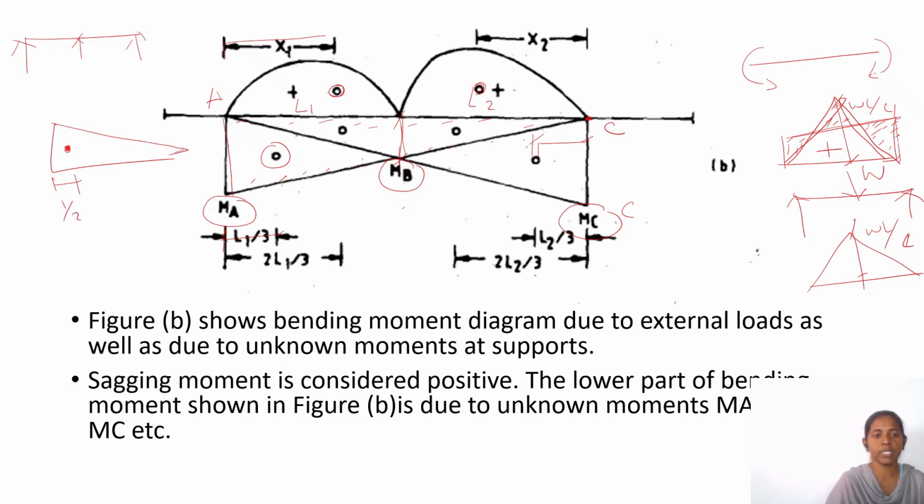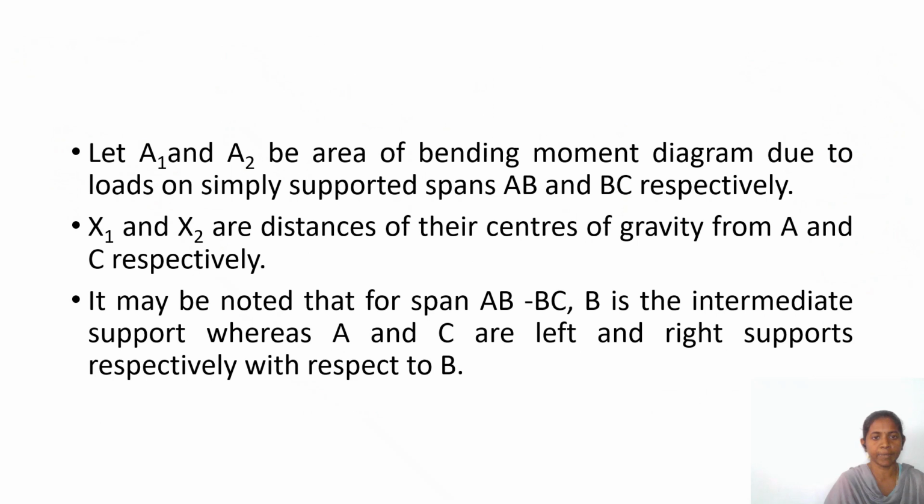So it is 1/3, and the remaining will be 2/3. In that aspect, it is mentioned as 1/3 of L2 and 2/3 of L2 for span 2. Sagging moment is considered positive, hogging moment is considered negative.